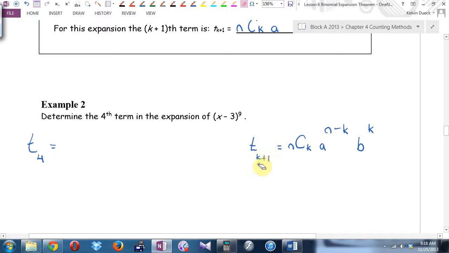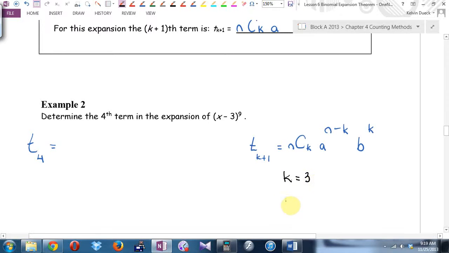If I want a 4 to appear right there, what does k have to be for me to get a 4 there? That's the key. All of you right now write down k equals 3. This is the adjustment, the tweak we have to do to our template. And the reason is because we start counting at 0.